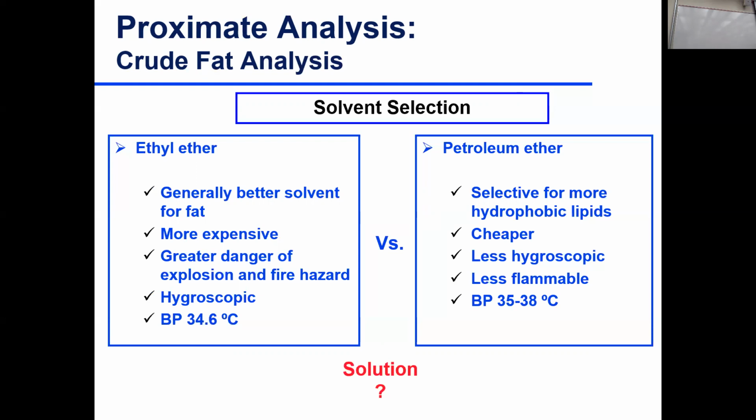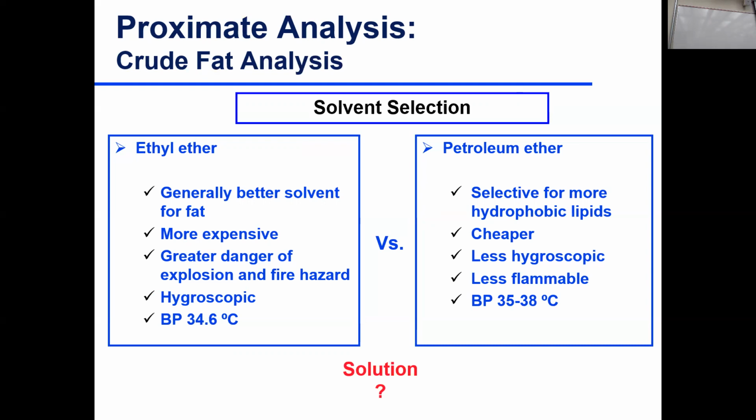What does it mean? It doesn't mean that it extracts all lipid components. It just means that it has affinity for varying types of fat or lipid components, non-polar and some polar. So it can extract triglycerides, it can also extract phospholipids. Not perfect for all components, but generally a better solvent for different polarities.